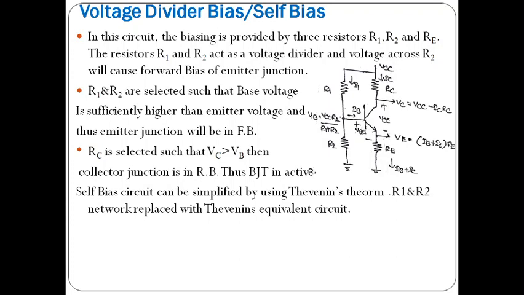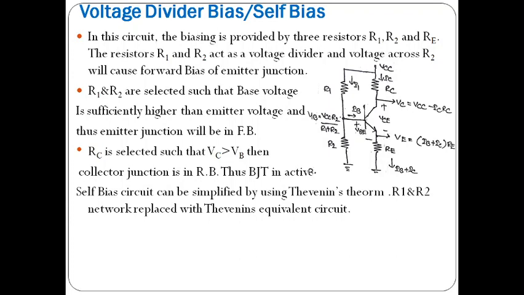In this, the biasing is provided by three resistors R1, R2, RE. Here we are supplying the DC voltage and DC current by VCC. The voltage and current are supplied through the R1, R2 and RE resistors.